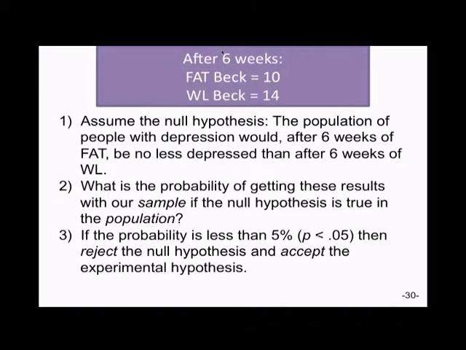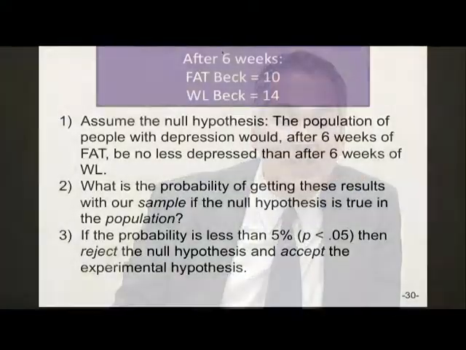So just from our sample, we're able to come up with a probabilistic statement. We're able to say what the chances are of there being no difference in the population. If the chances are so small as to be implausible, then we'll reject our null hypothesis and we'll say that our treatment worked.